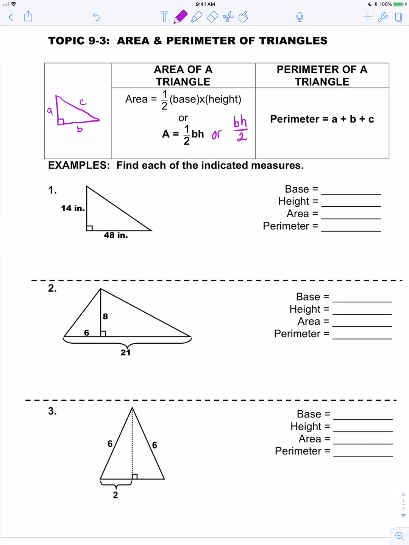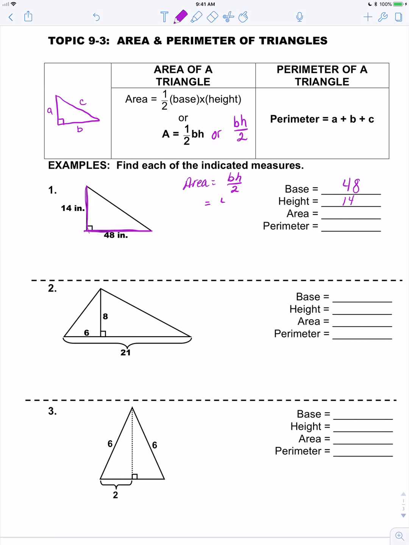So the base is here. That's our base of this triangle, 48. The height of a triangle here is 14. So the area, remember the area of the triangle is base times height divided by 2.